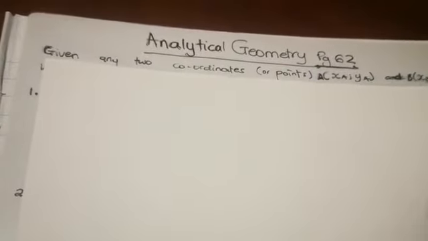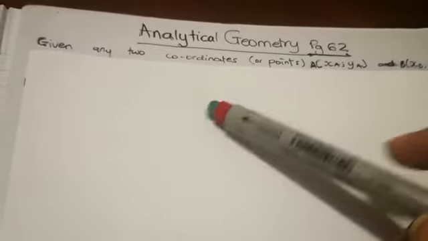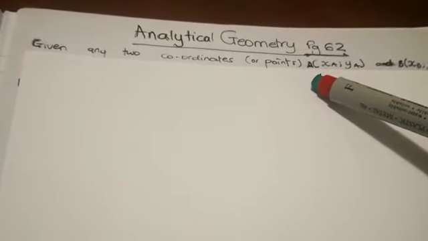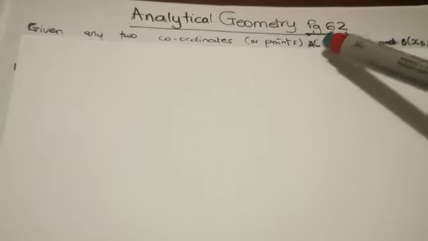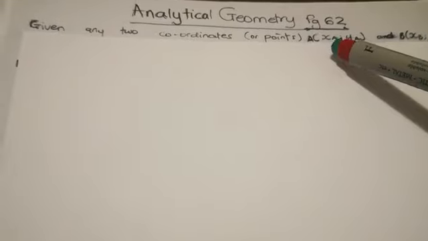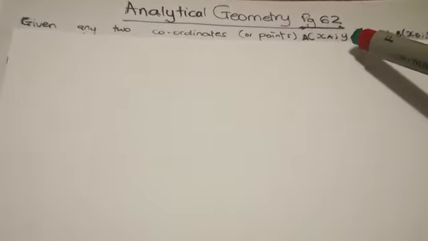If you are given any two coordinates or points, so we call them coordinates or points, if the first one is A, remember there's no equal sign between the letter and the actual bracket. So A, remember a coordinate is (x, y), so (xA, yA).